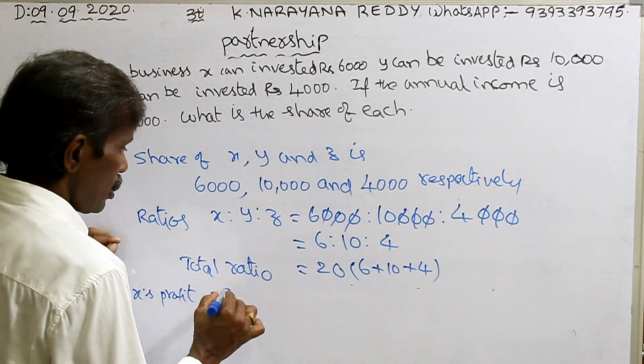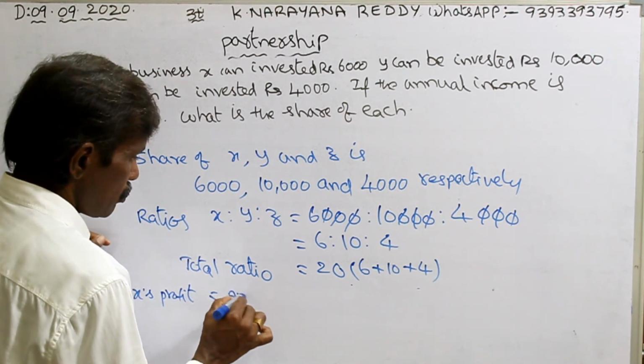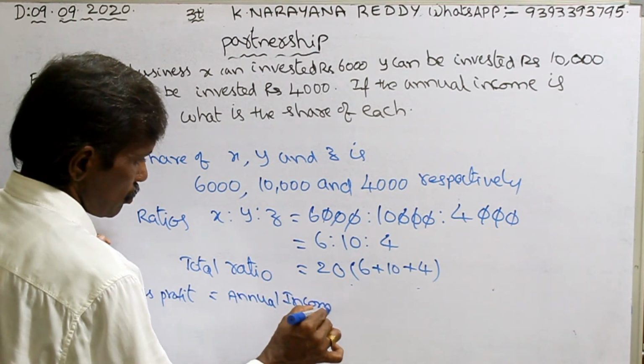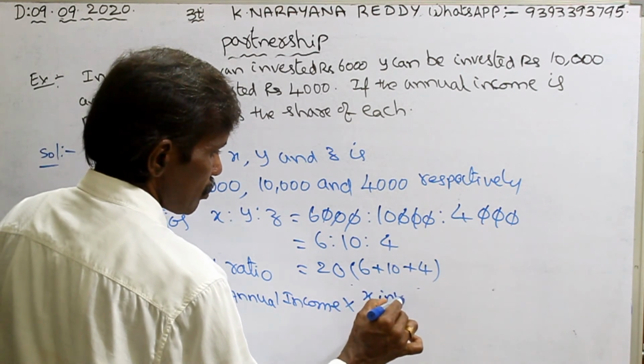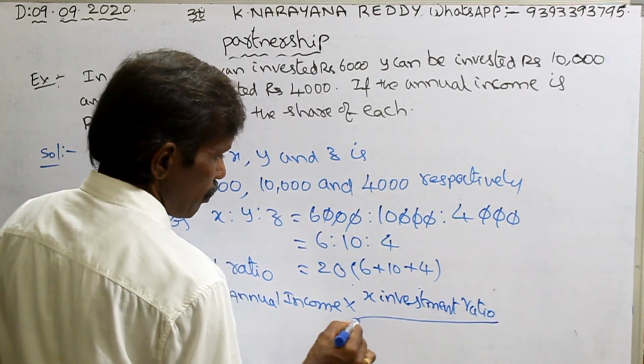Okay. X's profit equals total gain, the annual income, into X's investment ratio divided by total ratio.